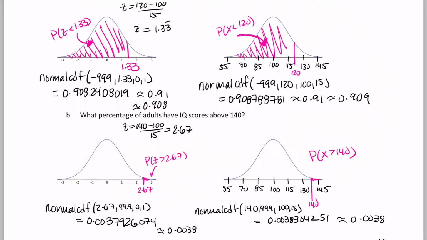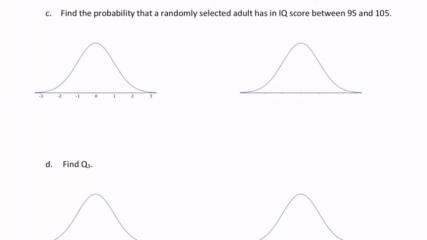Let's turn to the top of the next page and continue our review. Find the probability that a randomly selected adult has an IQ score between 95 and 105. Let's convert both to z-scores.